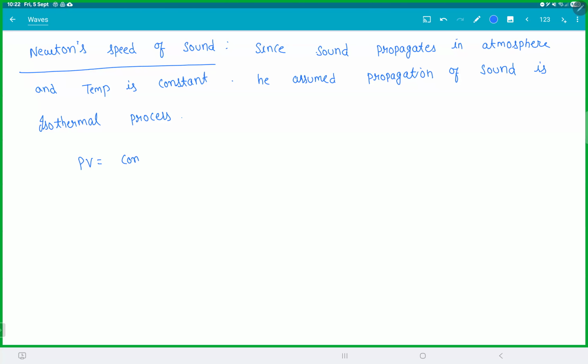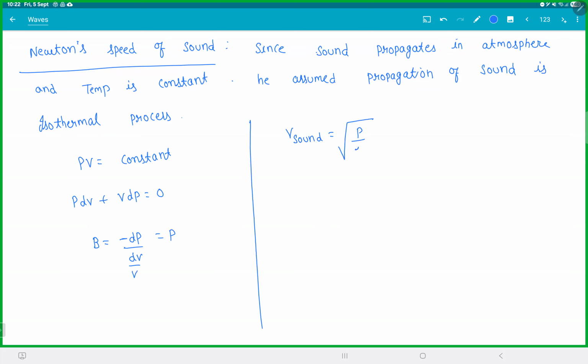We have done this in elasticity, if you remember. So how do you get the bulk modulus? Differentiate on both sides: PdV plus VdP is equal to 0. So from here, we get bulk modulus is equal to minus dP by dV by V, which is equal to P. Then we use our formula, root over bulk modulus by rho. So V sound will be root over P by rho.